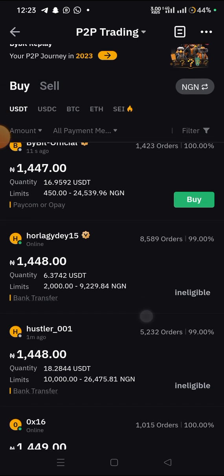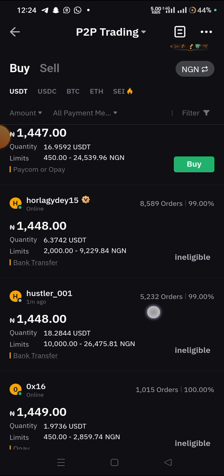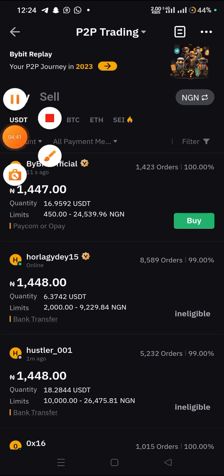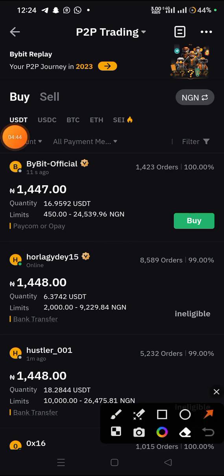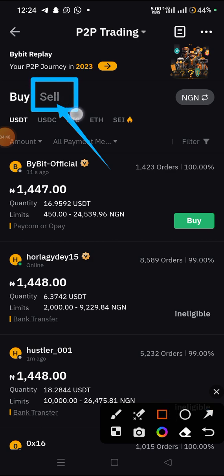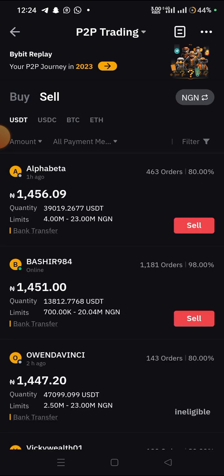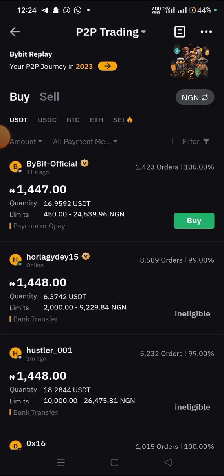But if you want to buy coin and don't want to buy from what others are selling, you place your own buy AD. Then when users come to Bybit P2P, they will see your AD under sell, meaning you want to buy and they will sell to you. That is how that works.